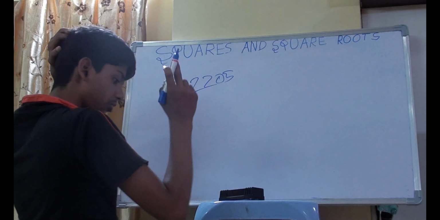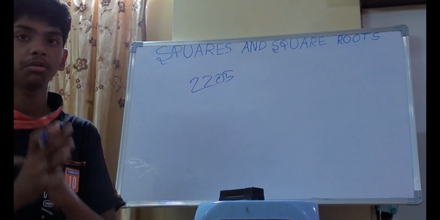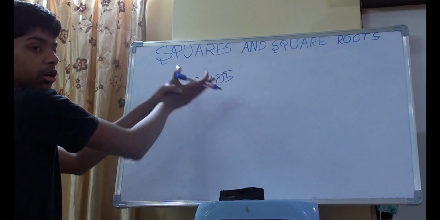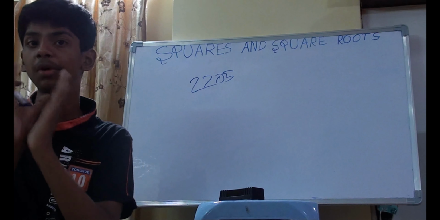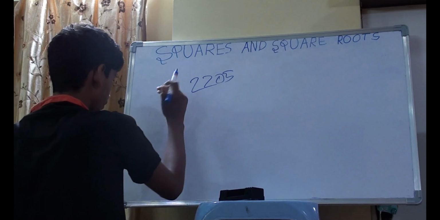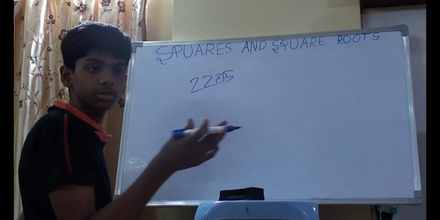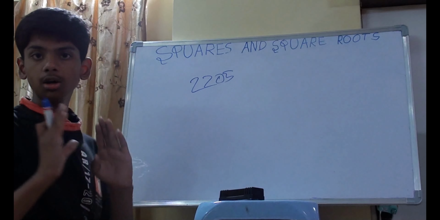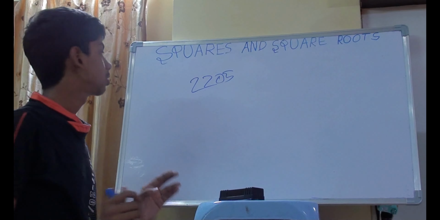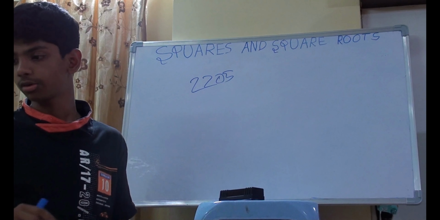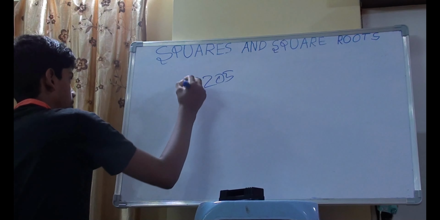We have to find the number by which this should be multiplied to make it a perfect square. There is no choice but to do the prime factorization method. For this type of question we have no choice but to use this method.